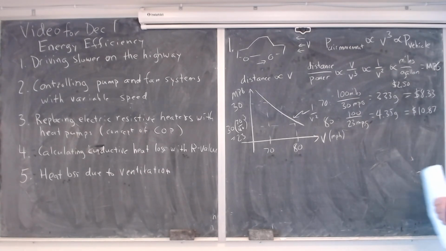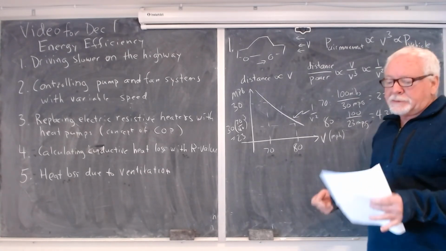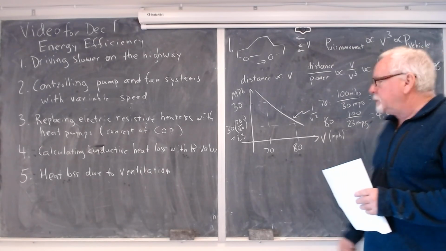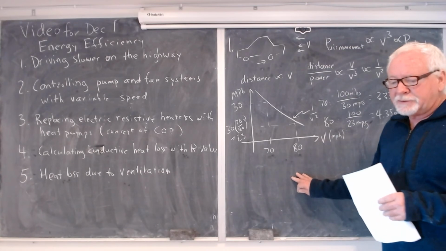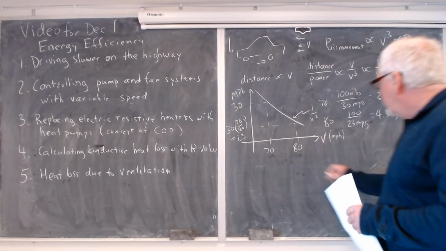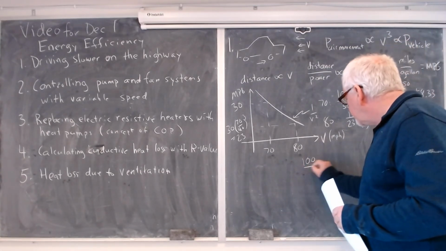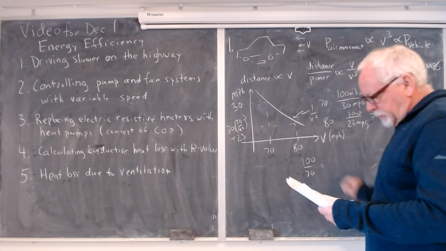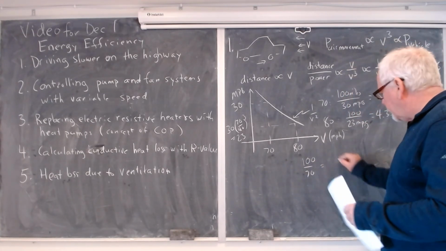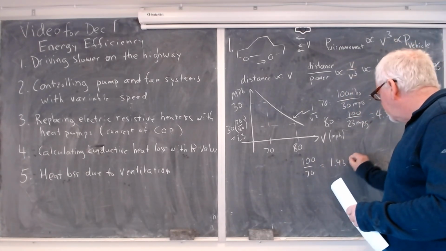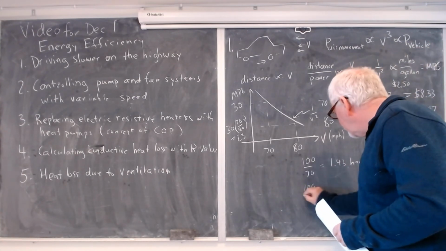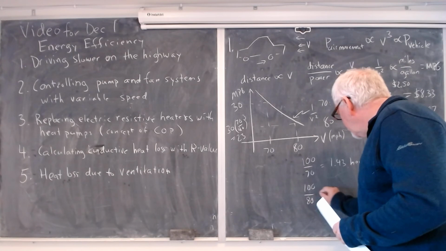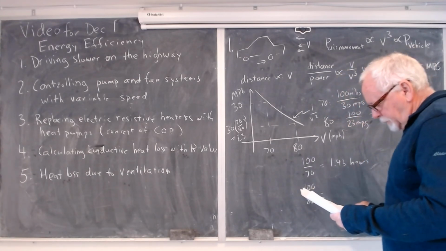And so this is energy efficiency in a sense. Now, you aren't exactly accomplishing the same thing, of course, because 100 over 70, that is 1.43 hours. And 100 over 80, that is 1.25 hours.